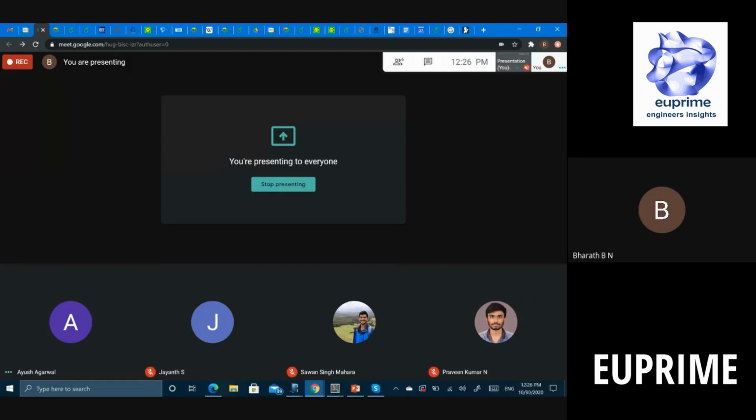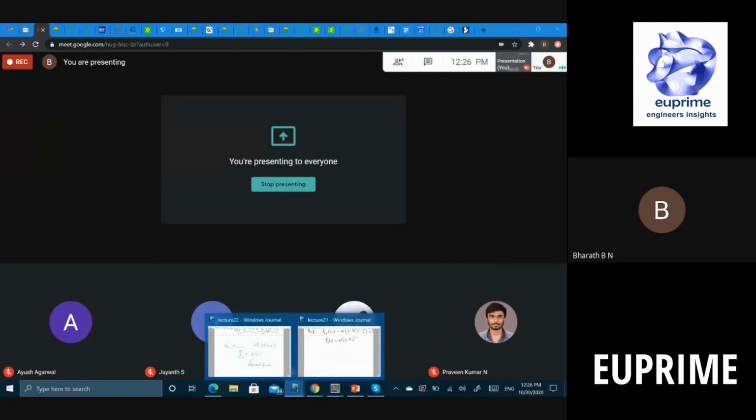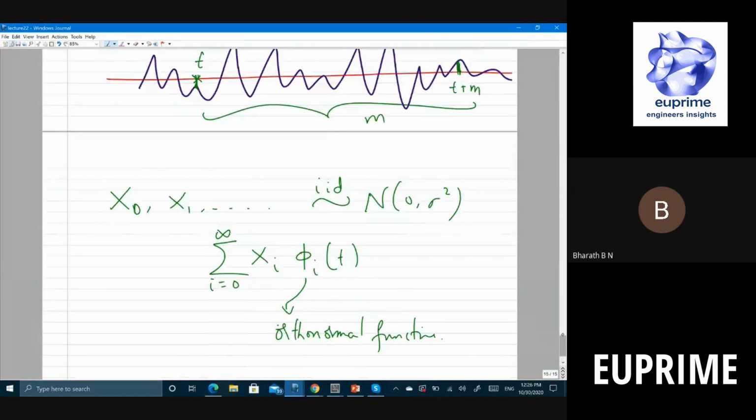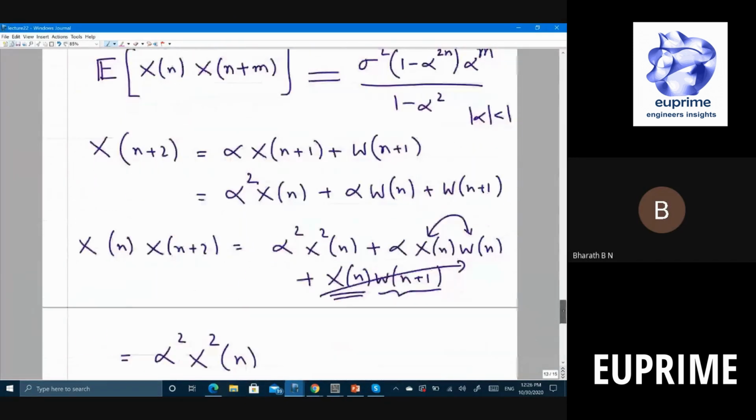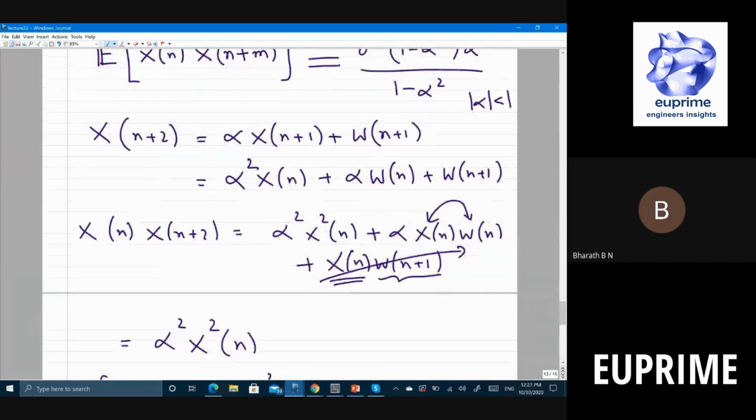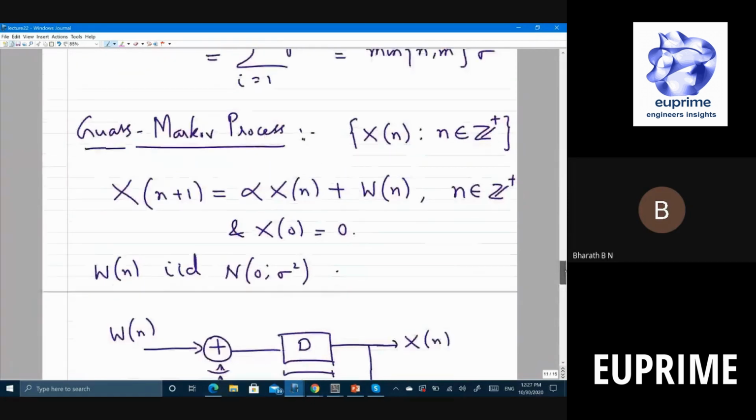Ayush, do you have any questions? No, sir. Maybe I'll just quickly correct this. What went wrong? Is this correct? X of n plus 2 is alpha times x of n plus 1. I think this is w of n, right? Let me write it the way I have written this.